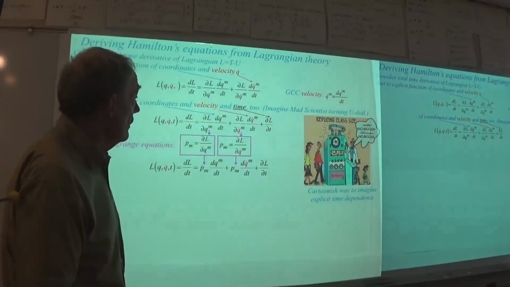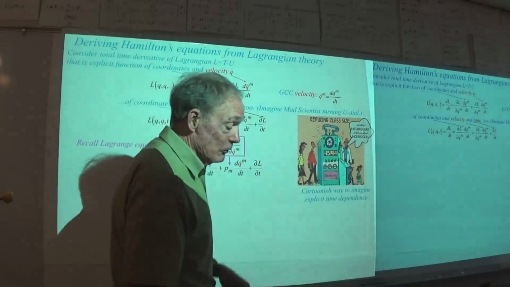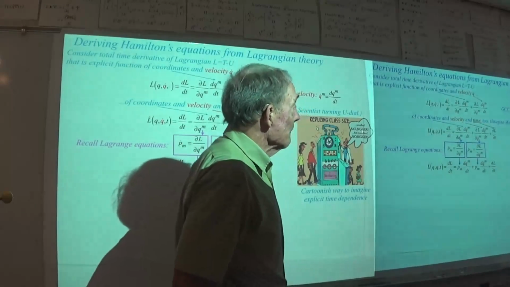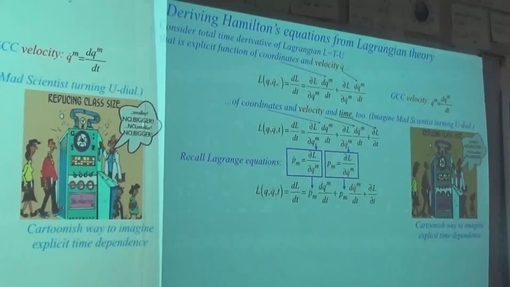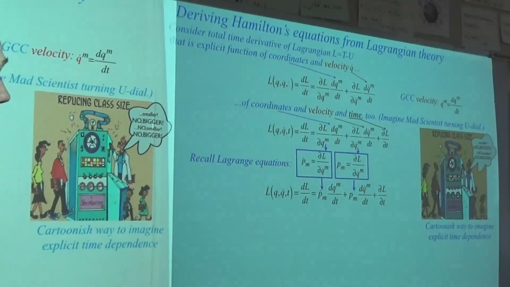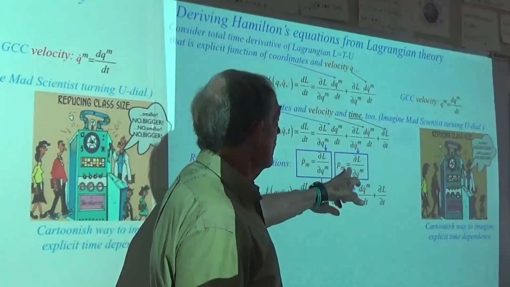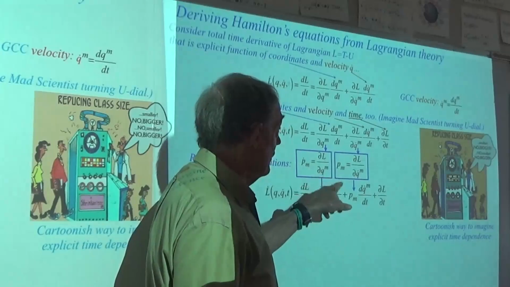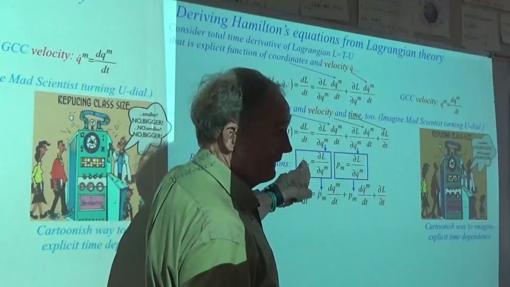Okay, the first step in this is to use Lagrange's equations. We're going to use Lagrange to tell us what those coefficients are in terms of momentum. And the idea, as you have already been told many times here, is that Hamilton wants to work with momentum, not velocity. So we're going to have not just the momentum given from Lagrange's equations, but we have the other Lagrange equation here where you take the dot off of the Q and put it on the P, right?